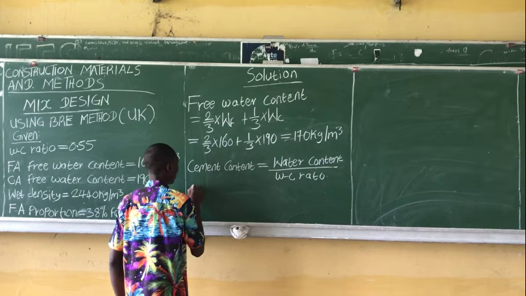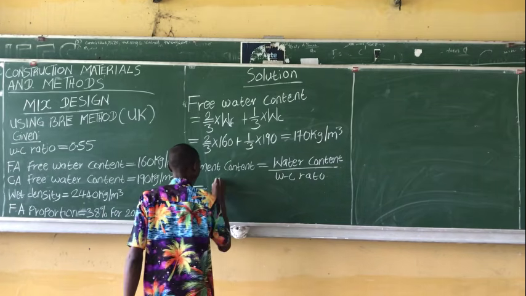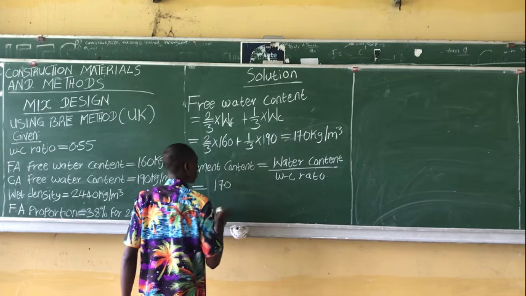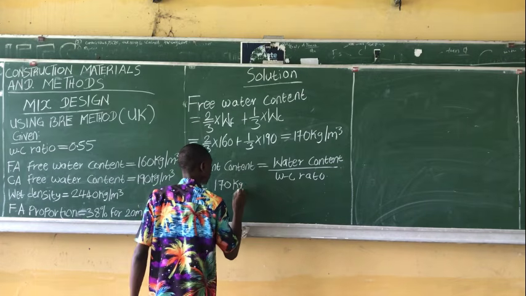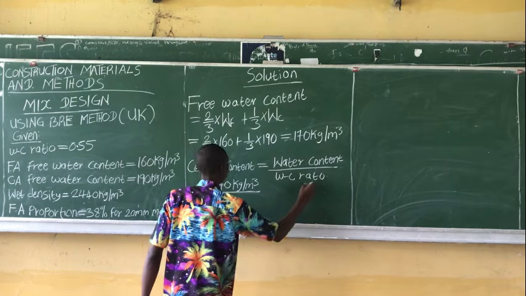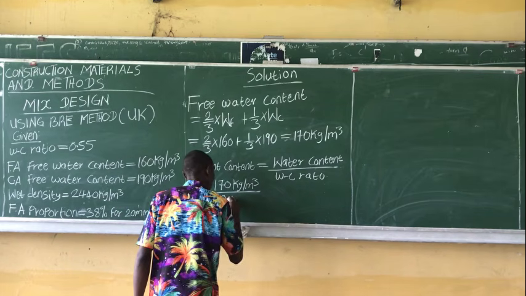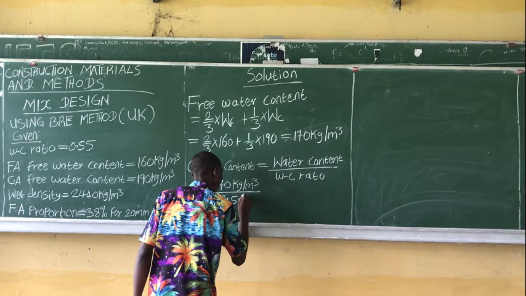So this is equal to our water content, which is 170 kilogram per meter cube, divided by our water cement ratio, which is 0.55. Because it is a ratio, it has no unit.